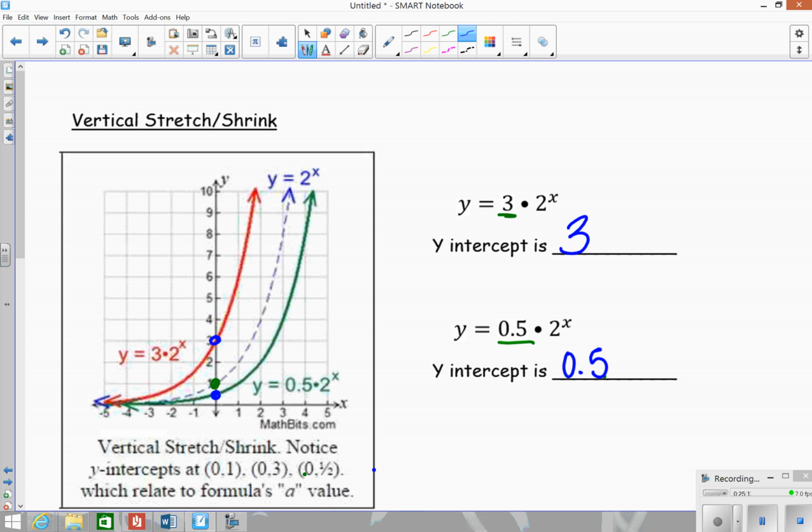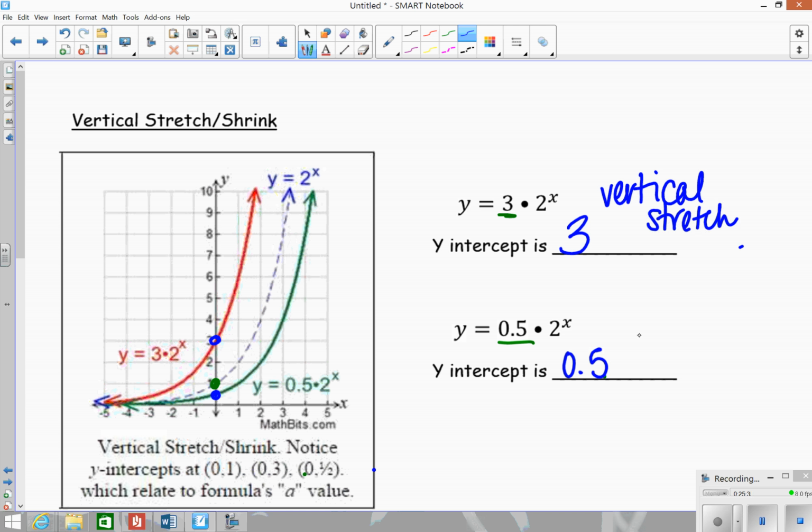So basically the y-intercept got multiplied by whatever this scale factor is, or this number in front. This one would be a vertical stretch. See how it's stretching vertically, it's getting higher. This was a vertical stretch because that a value was bigger than 1.